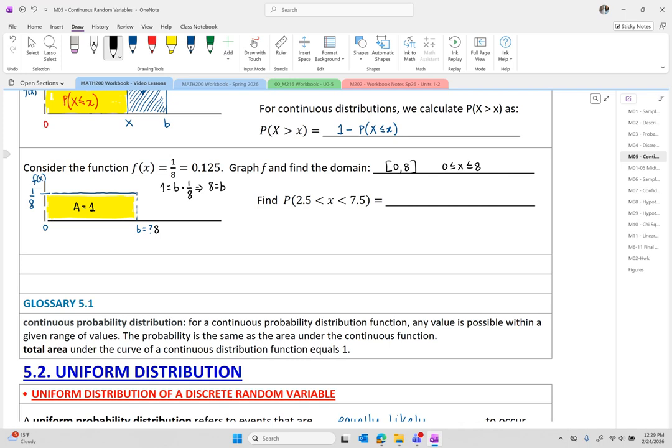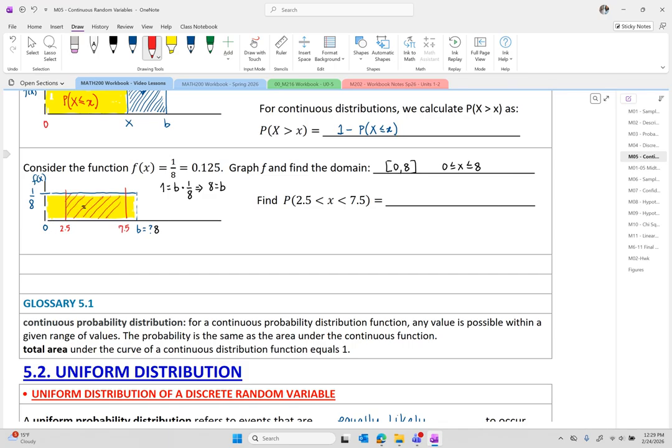So if they are asking me to find the area between certain values, so between 2.5 and 7.5, and I have to find this area.